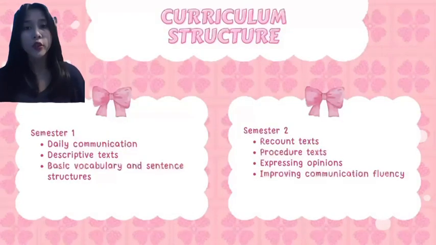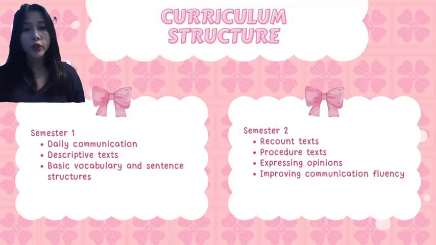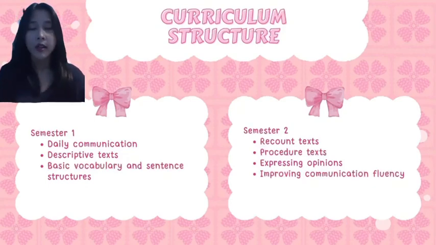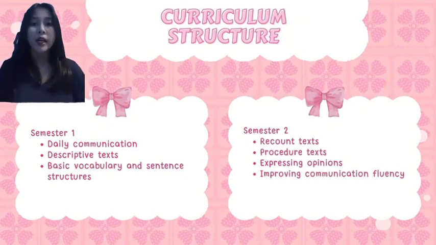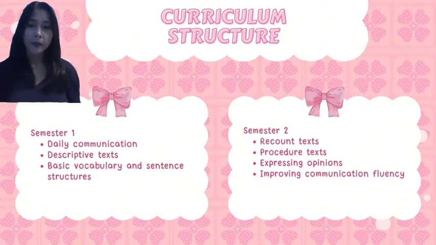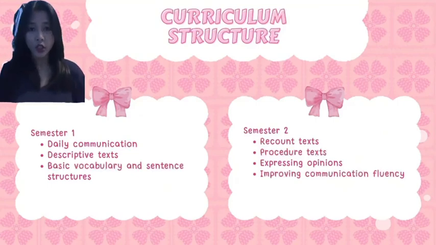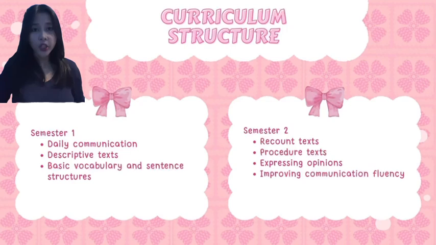And the next slide, curriculum structure. The curriculum content is organized into 2 semesters. During the first semester, students learn daily communication, descriptive text, vocabulary development, and basic sentence structure. This topic helps students build a strong foundation in English.